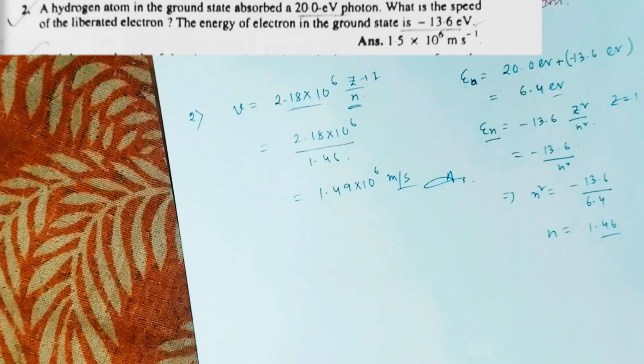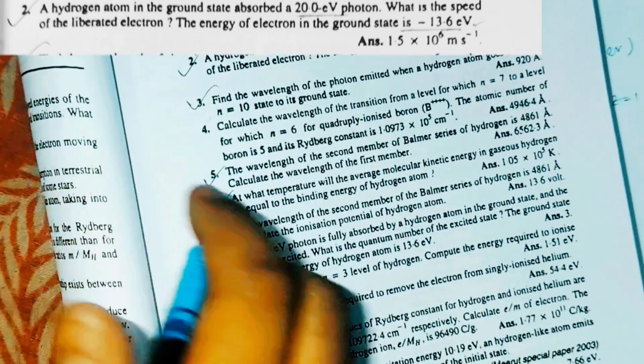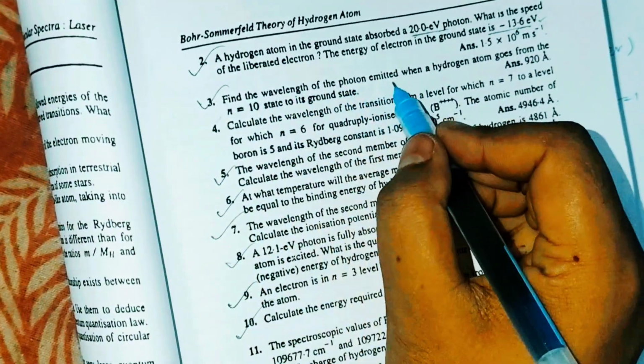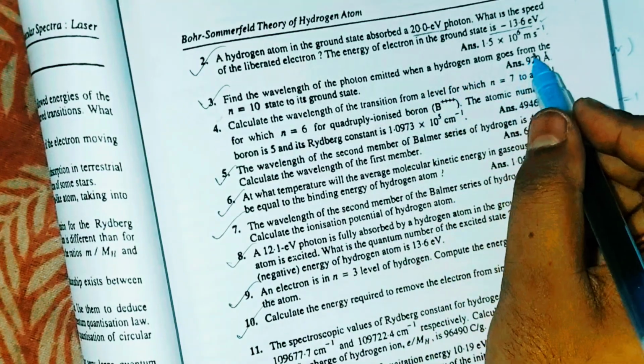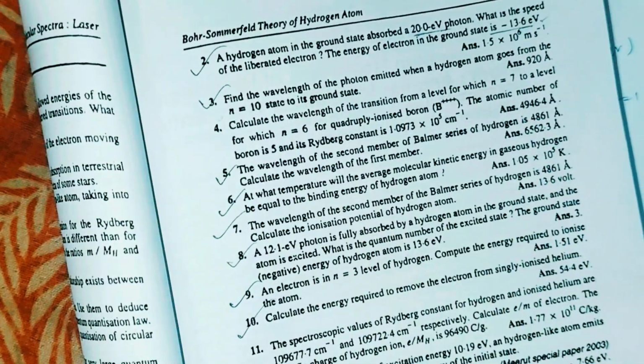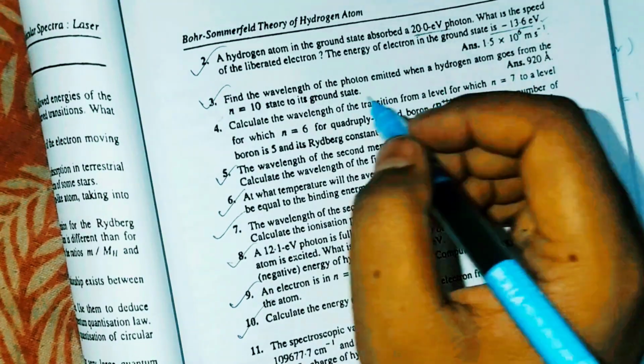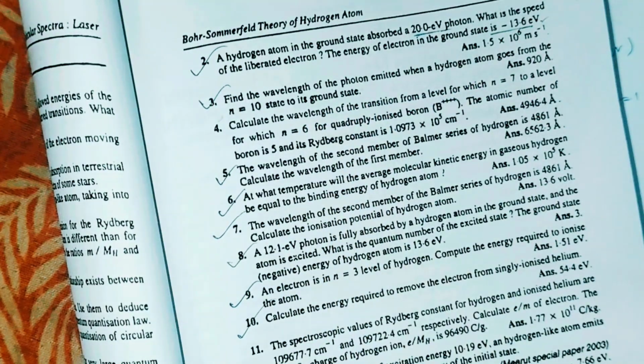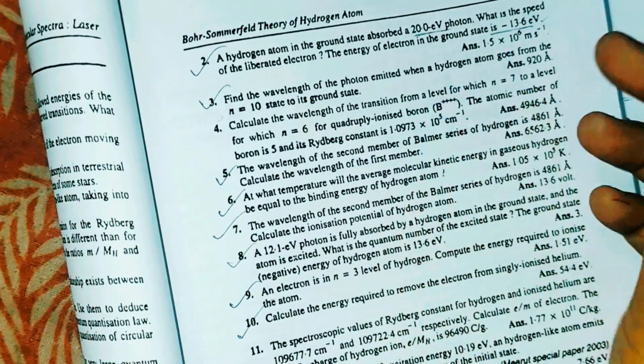Okay, now I am going to the next problem. You can see the next problem: find the wavelength of the photon emitted when a hydrogen atom goes from the n equal to 10 state to its ground state. So another formula will be used. I think you have already read this, and you are familiar with this formula.